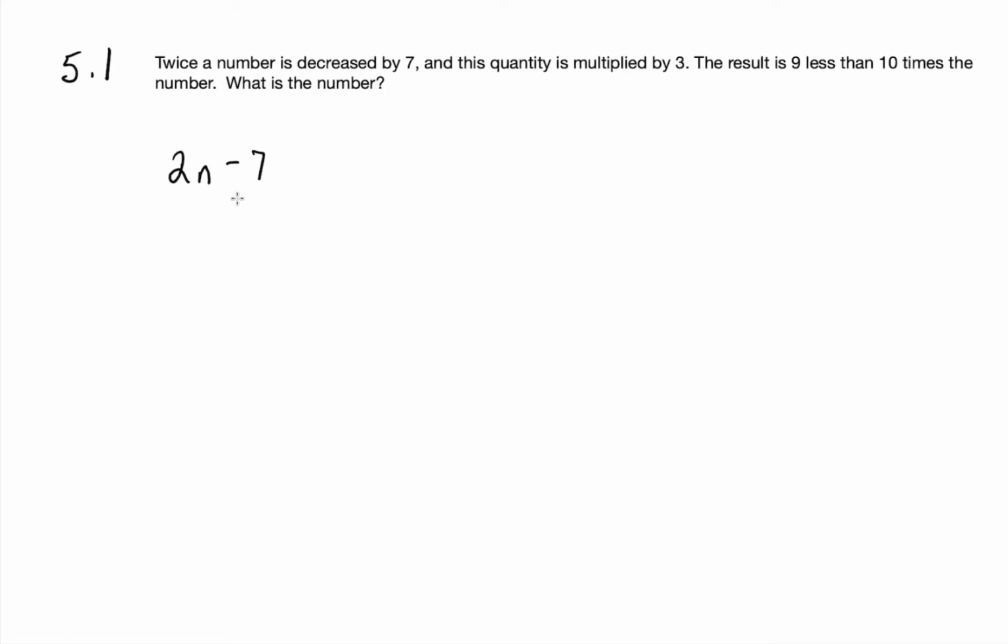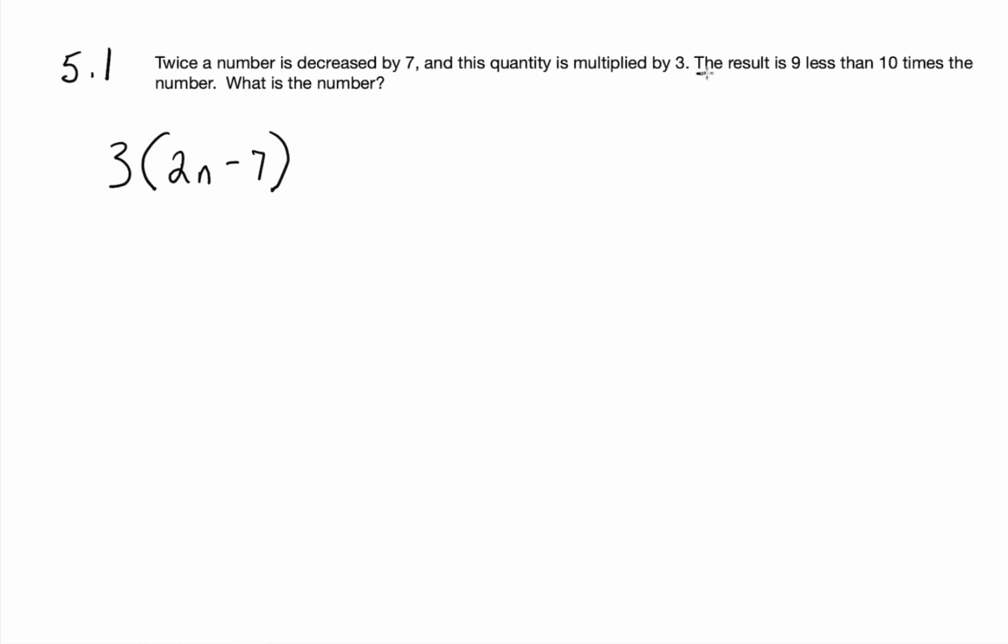Decreased is minus. 2 times a number, that's twice a number, is decreased by 7. So there's that statement. And this quantity, this whole expression, is multiplied by 3.